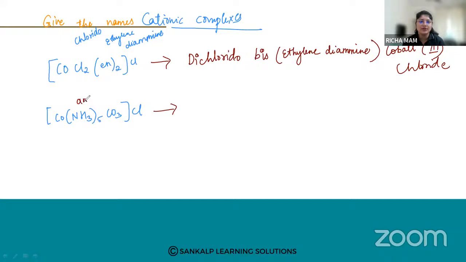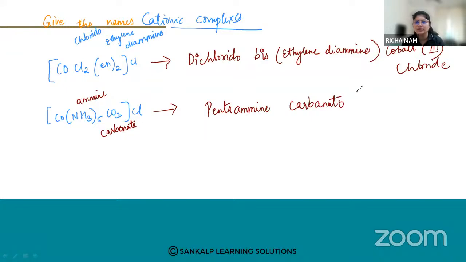So we have ammine and we have carbonate. So which will come first? Ammine. So it is pentaammine, then carbonate or carbonato.